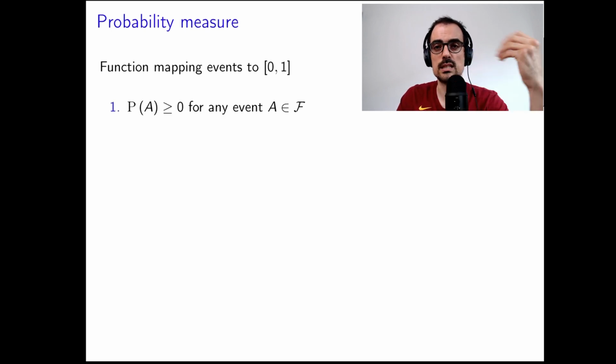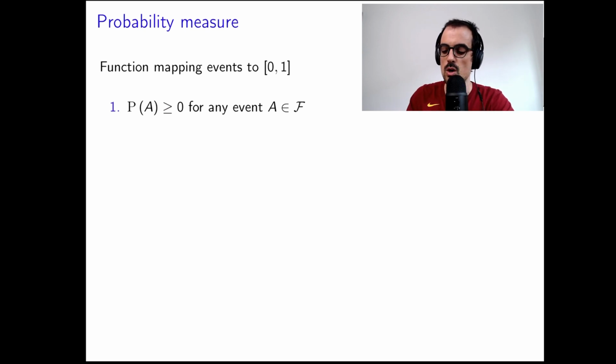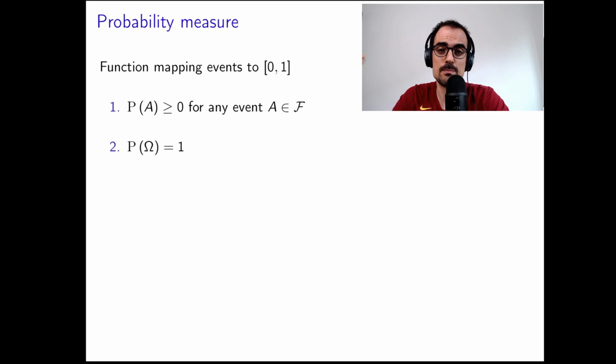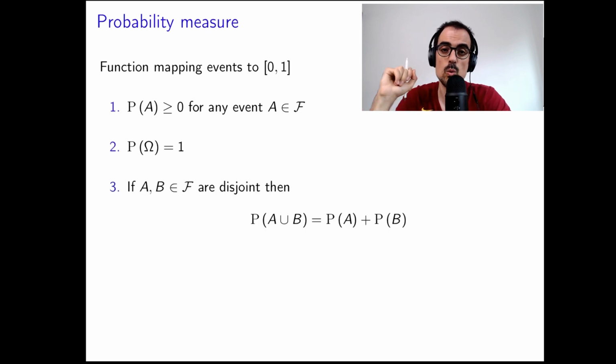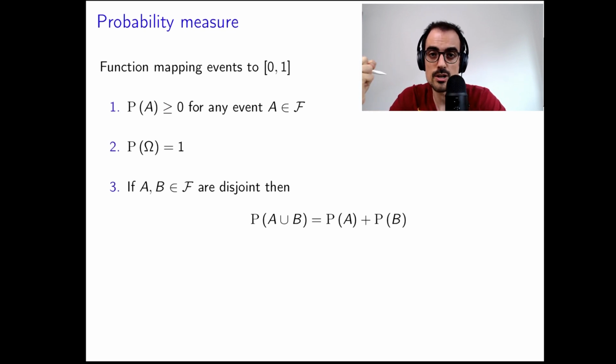We're going to impose that the probability measure always be non-negative, and again, this is consistent with thinking of it in terms of a fraction of positive numbers. We're going to assign a probability of 1 to the sample space. This should come as no surprise. This follows immediately from our intuitive definition of probability when we apply it to the sample space. And when A and B are disjoint, we're going to impose that the probability of their union has to be equal to the sum of the individual probabilities.